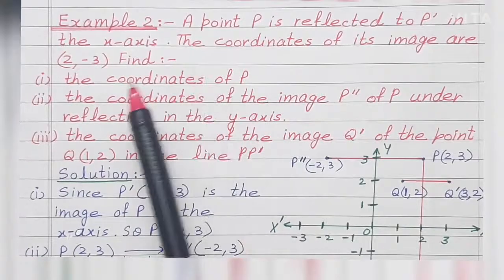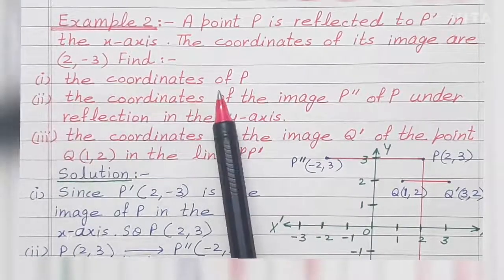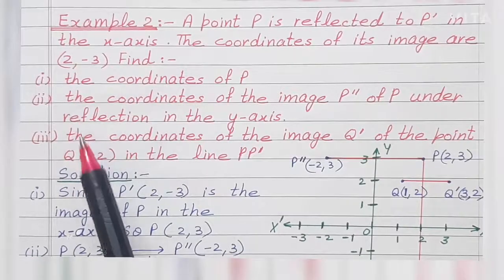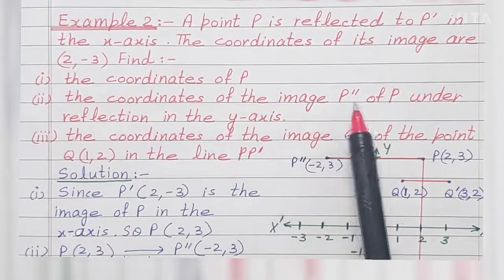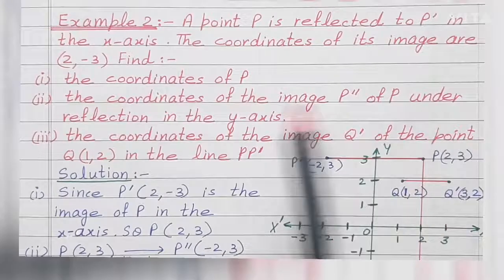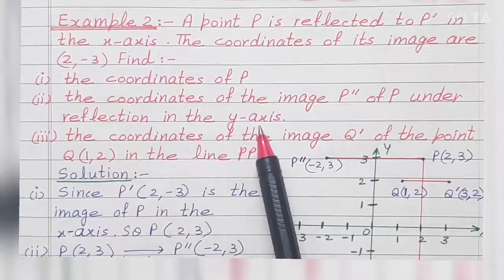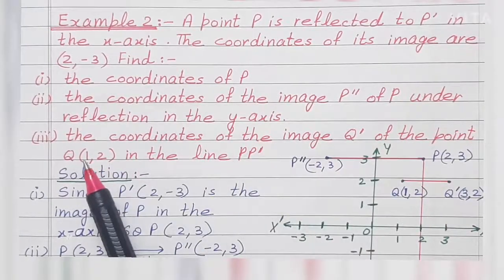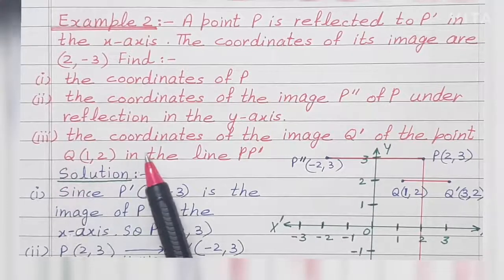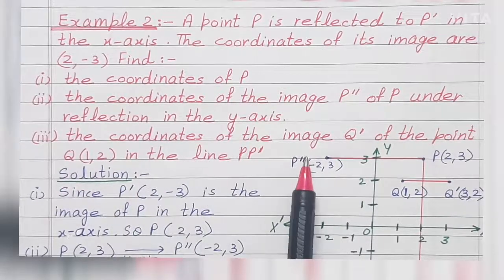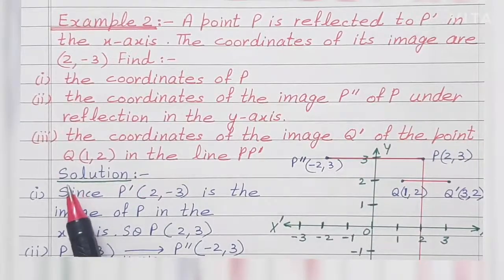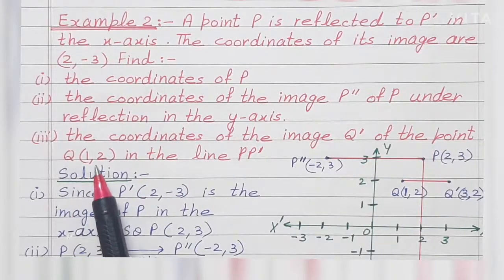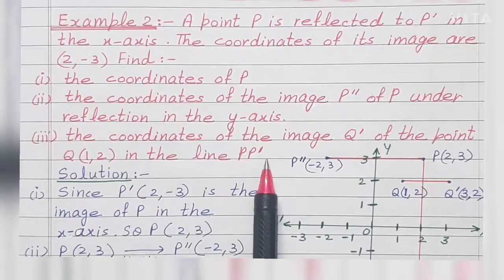So the first part is to find the coordinates of P. Second is the coordinates of the image P double dash of P under reflection in the y-axis. And the next part is the coordinates of the image Q dash of the point Q, that is (1, 2), in the line PP dash.